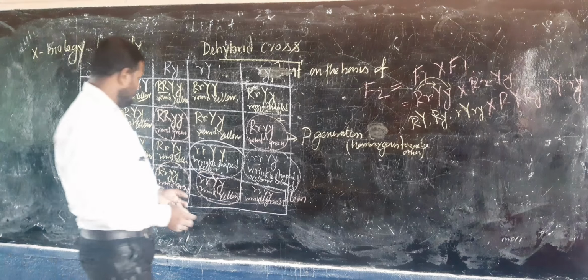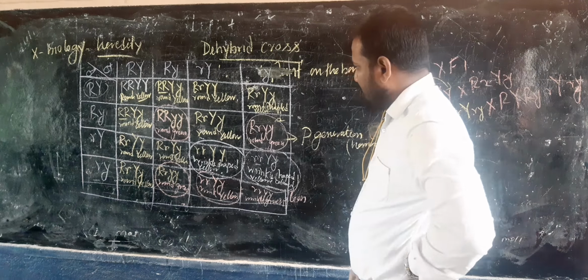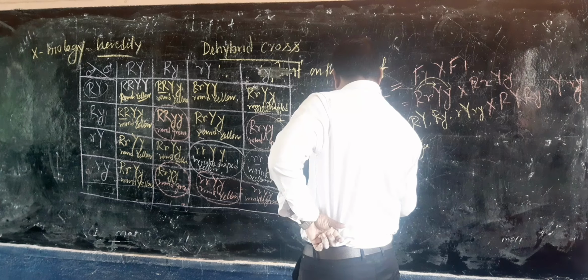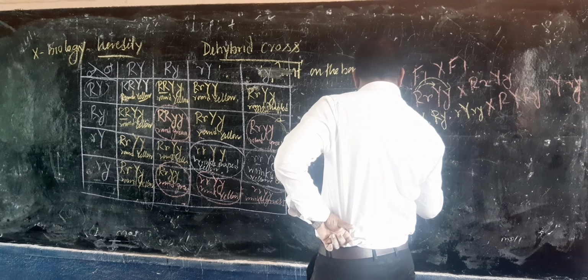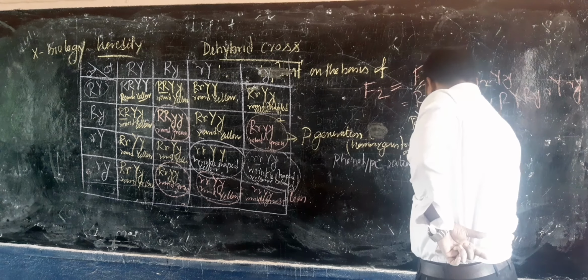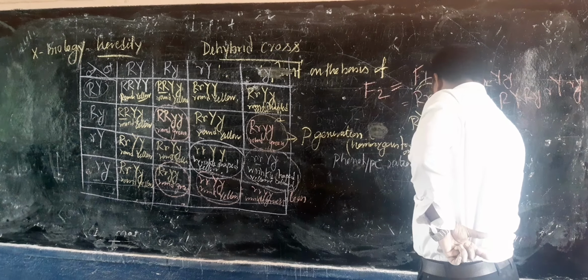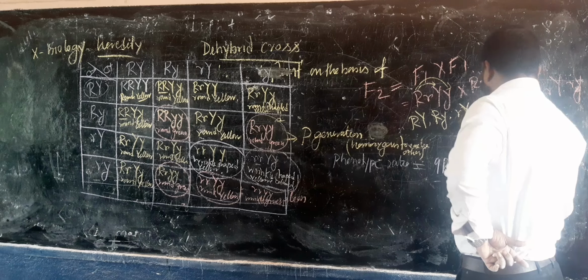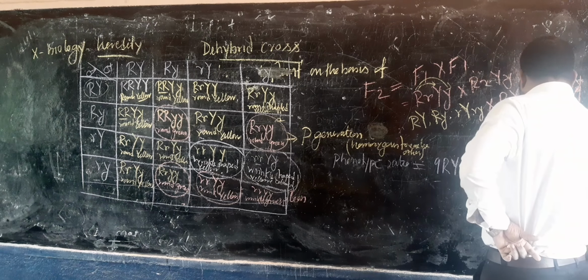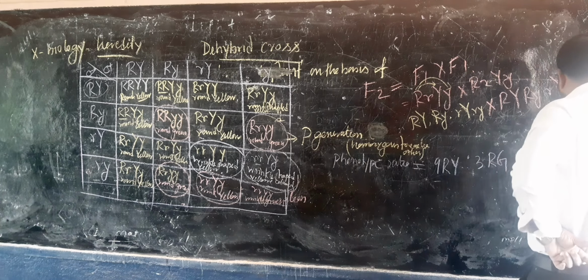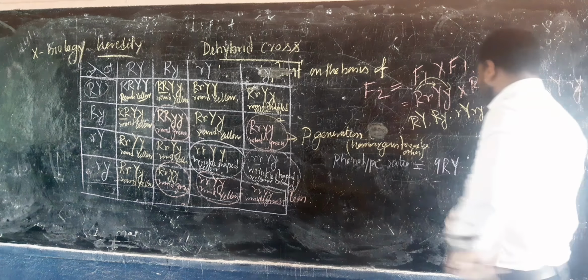Phenotype means the external features. Phenotype ratio: here we can get 9 round shaped yellow color seed is to 3 round green is to 3 wrinkle shaped yellow color seed and 1 wrinkle green.